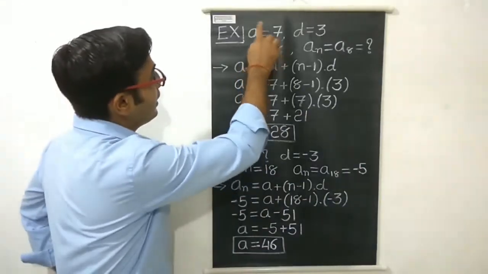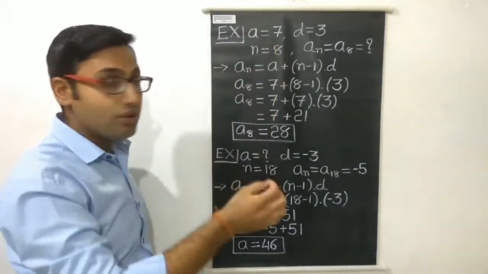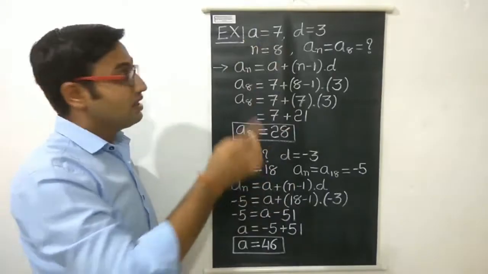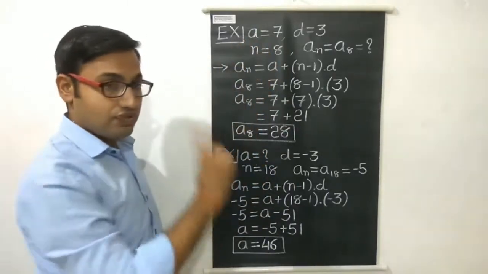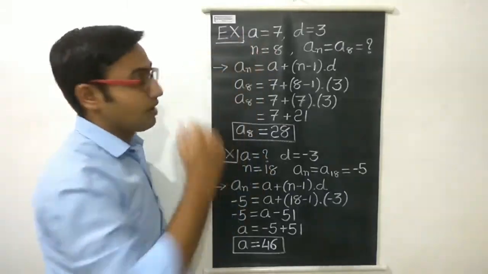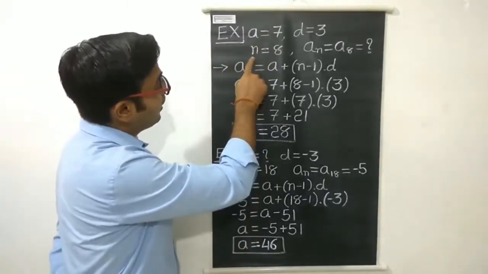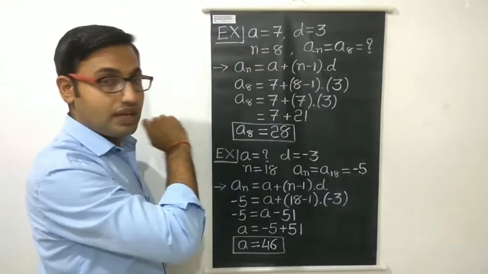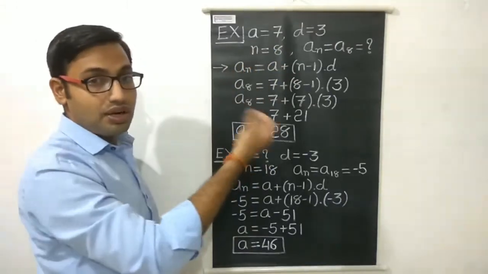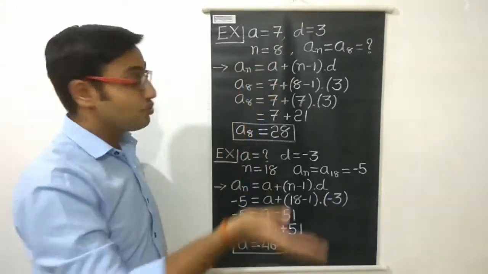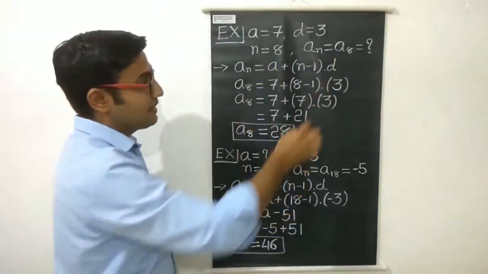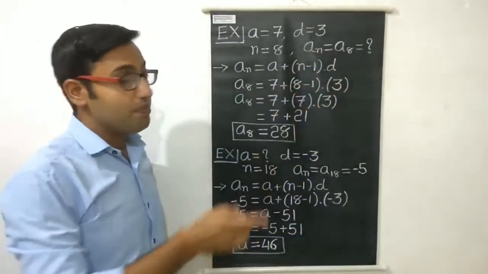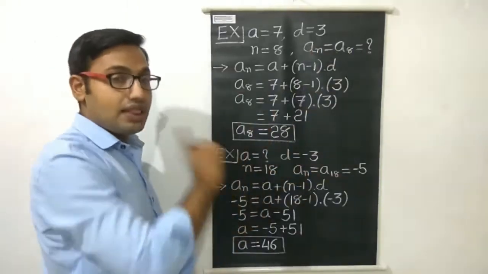See, 7 is the value of the first term, but it is considered the first term. So its number is first and its value is 7. So we have to find the 8th term; the number of the term is 8, but its value is not 8. We have to find its value, and it is represented as a8. So don't be confused between the number of the term and the value of the term.